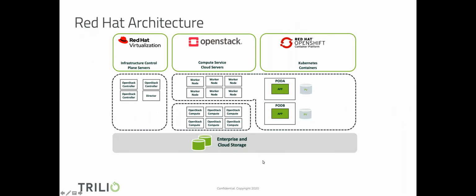So tying all this together, we see a lot of the architecture where everything is glued together. In a Red Hat world, we're seeing the likes of Red Hat Virtualization running the foundation controller nodes of the rest of the environment.